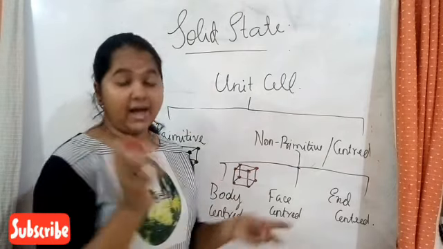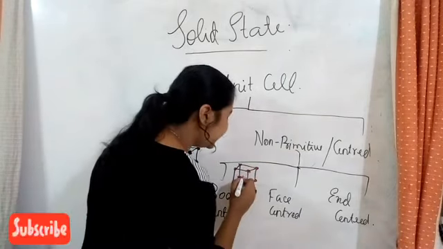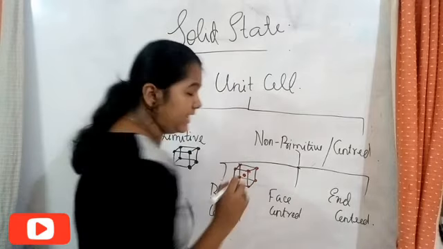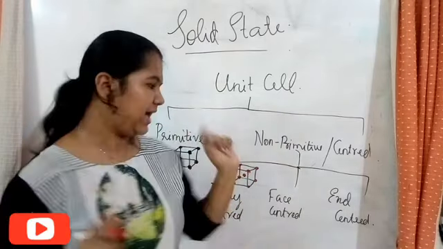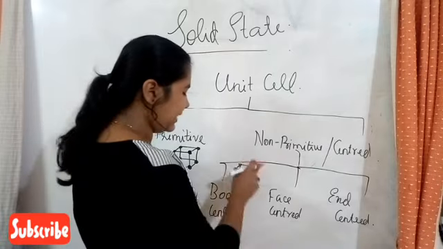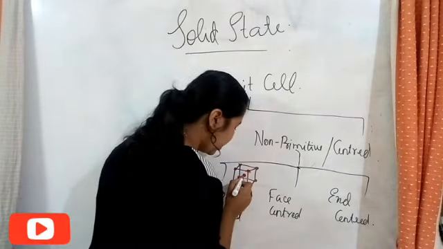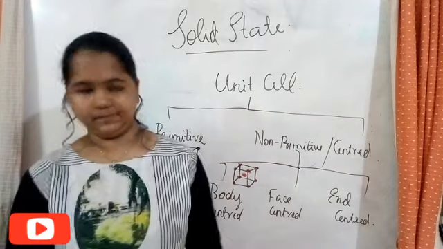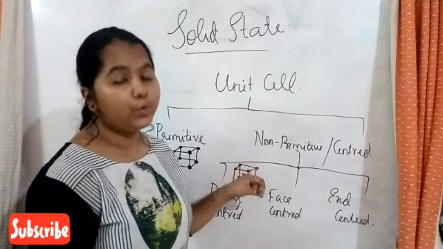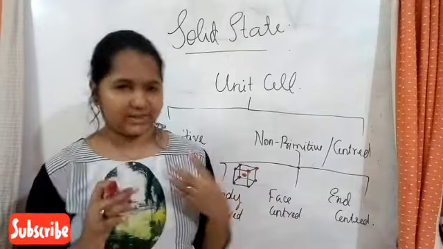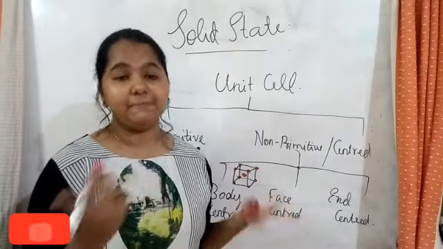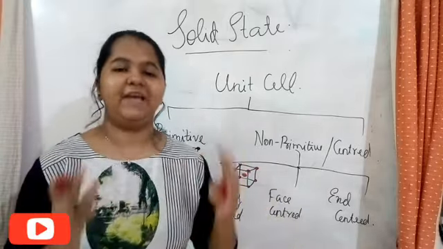Apart from this, in the center of the cube there is one whole atom. So that will look like this. This is the cubic unit cell, and inside that, one atom in the middle. That is called the body centered unit cell.